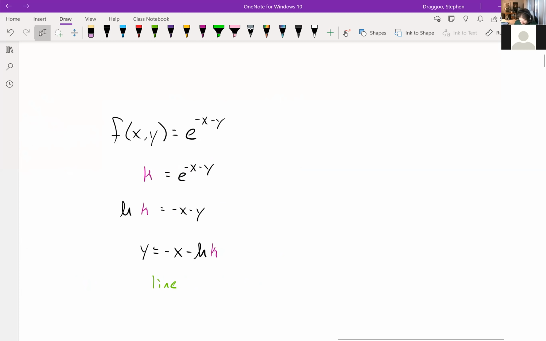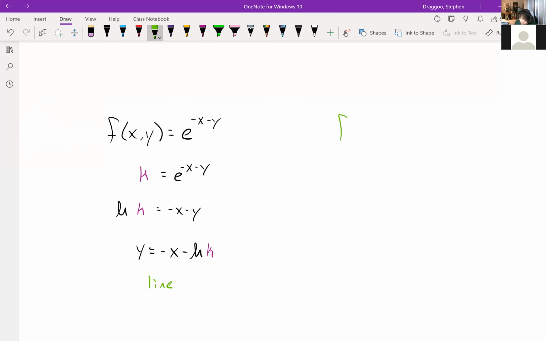You know what? Let's just create one more example because I do want to talk about one that comes out to be hyperbolic. If I have f of x y equals xy plus 3, then that means k equals xy plus 3.